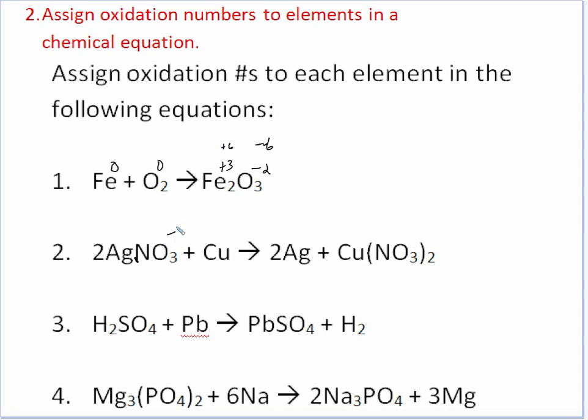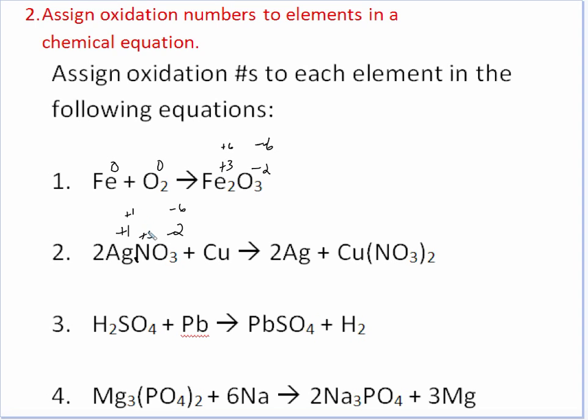Okay, let's go down here. Oxygen's -2. Nitrogen, let's hold off on that one for just a second. Silver is always +1 if you look that one up. So 3 times -2 is -6, and silver is +1. Now we have to think about what nitrate must be to cancel out this -6.